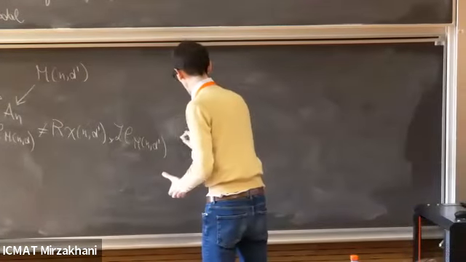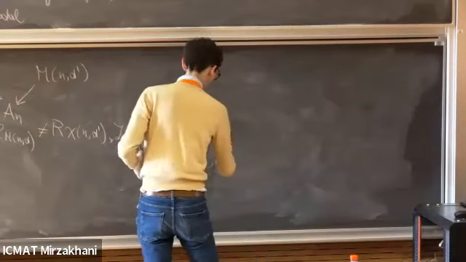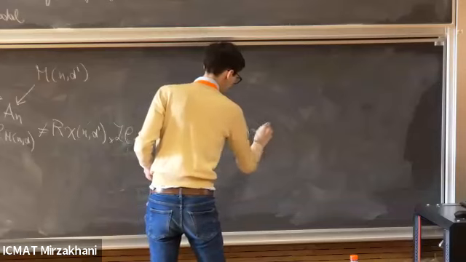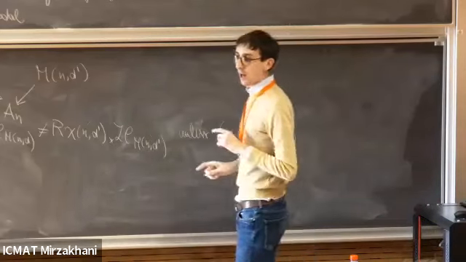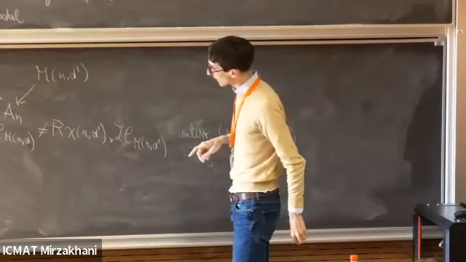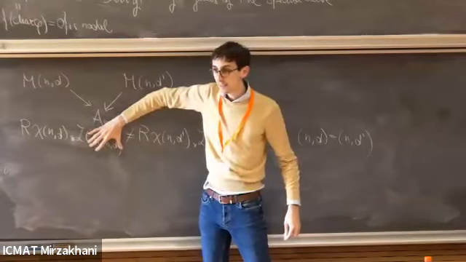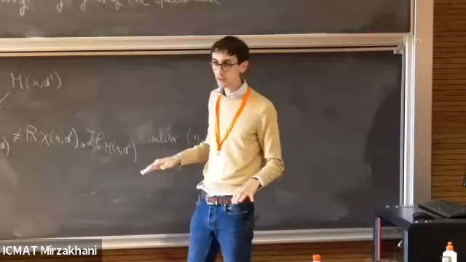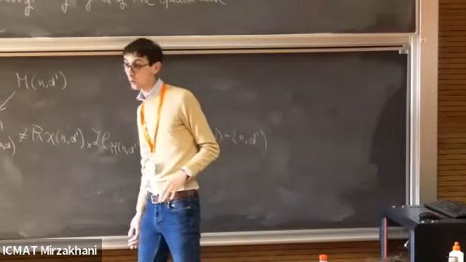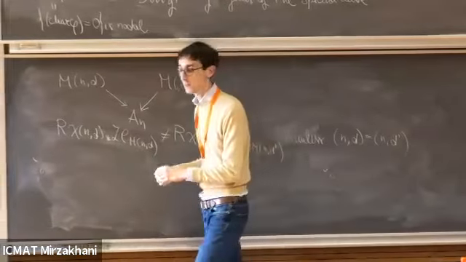A posteriori, we will show that this equality holds only if the GCD of n and d is the same. But in general, they will be different. So the idea is that maybe we should change the sheaf here in such a way that we gain this equality. So when we push forward, we get an inequality. A sheaf that should be related to the intersection complex, otherwise.